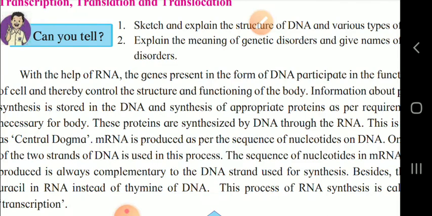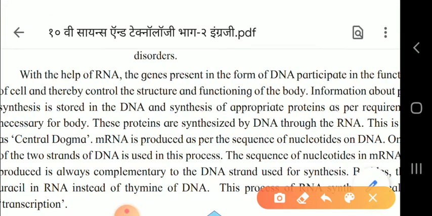The information for synthesis of the protein is already stored in DNA, and synthesis of the appropriate protein, according to the requirement, is necessary for the body. So this point you have to underline: where the information about the synthesis of protein is collected, it is stored in the DNA.